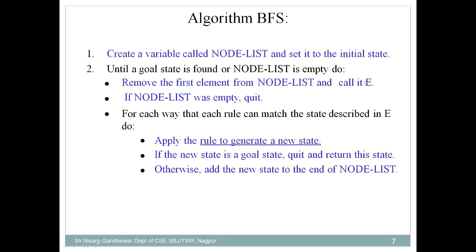We have taken one state from that list and named it E. Then we'll generate a new state, that means we'll consider all the successors of that particular node or state that we have selected. If the new state is a goal state, then we have to quit and return this state. Otherwise, add the new state to the list. Initially we have considered the list.